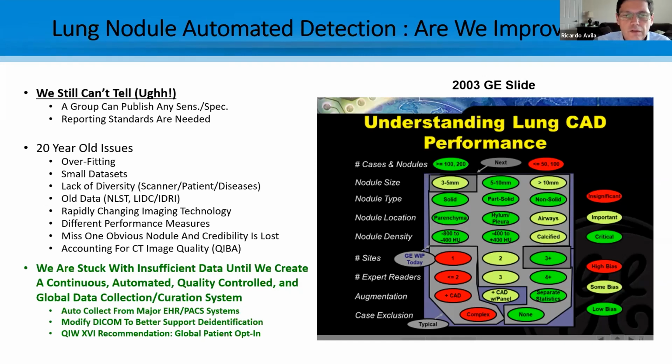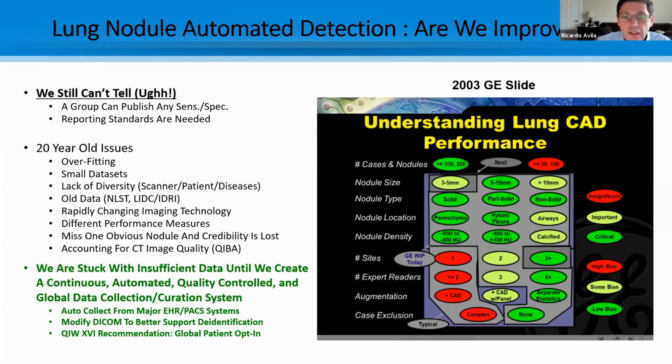We still have issues with small data sets. We still have issues with lack of diversity, as these were all mentioned earlier. Scanners, patients, diseases can be present. I have to warn, I went through all the recent literature and went back 10 years, and most of the data that's available now is old data, data from NLST and LIDC and IDRI.